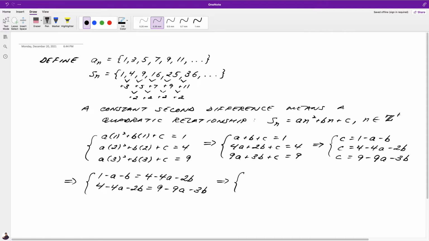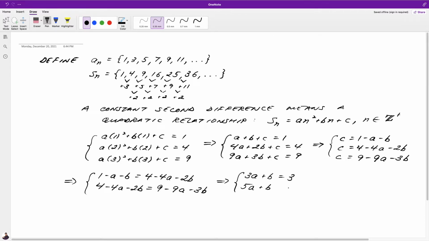Going to add 4a to both sides. Negative a plus 4a is 3a. Let's add 2b to both sides. Negative b plus 2b is b. And let's subtract 1 from both sides. Again, down here adding 9a to both sides. Negative 4a plus 9a is 5a. Negative 2b plus 3b is b.